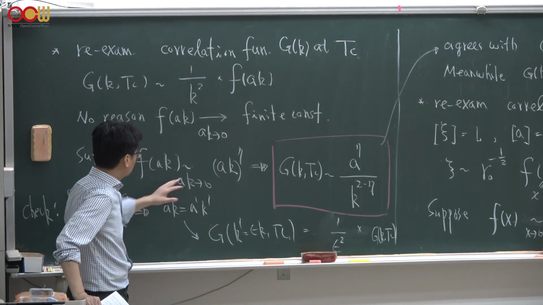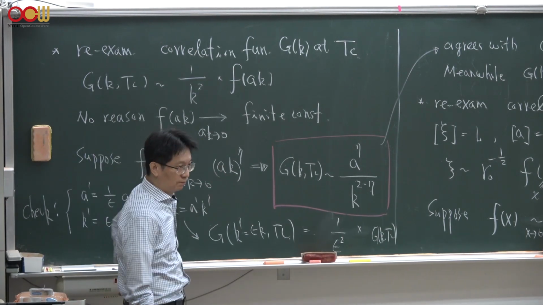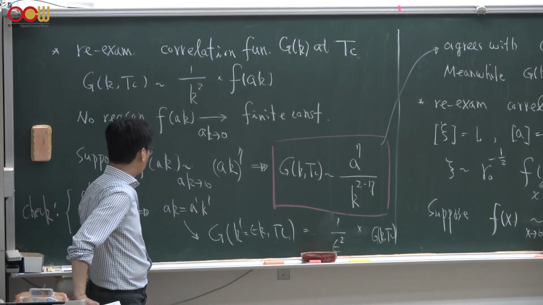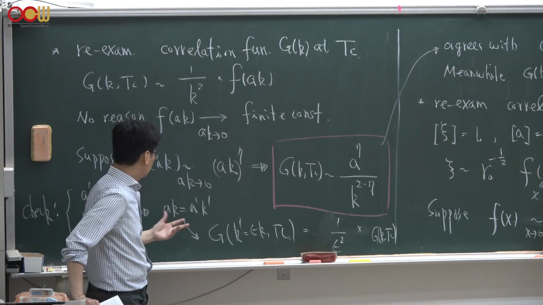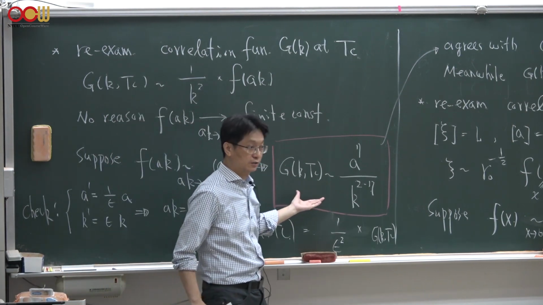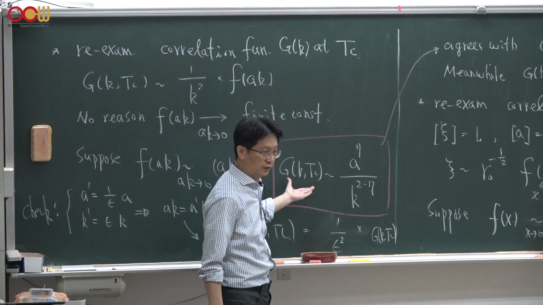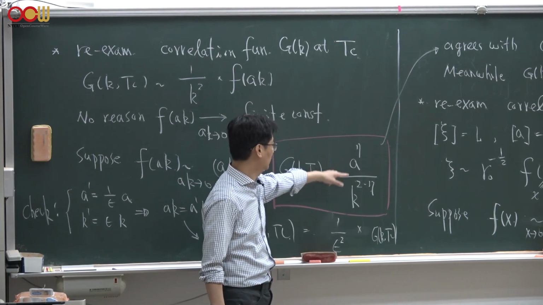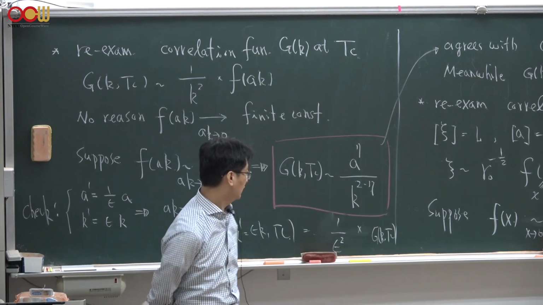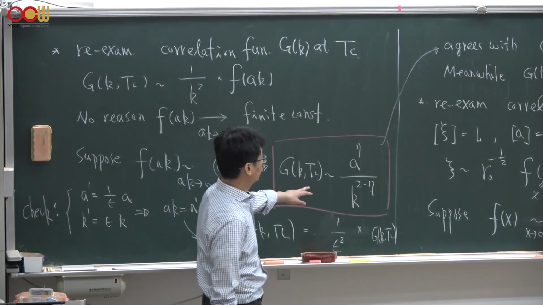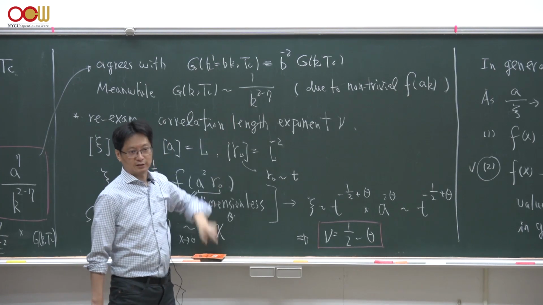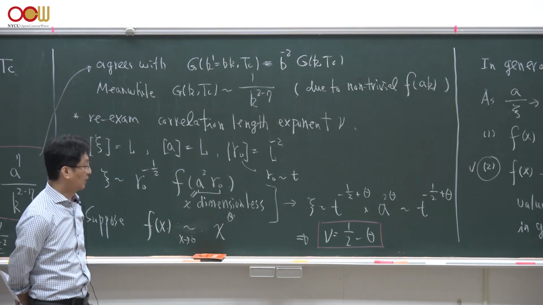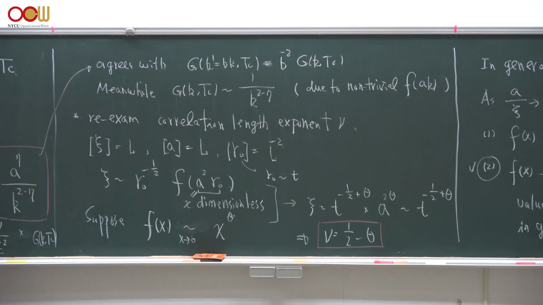So in that case, if you plug in this special power law behavior of a times k with a power law exponent eta, then you could easily see that this Green's function in Fourier space at the transition temperature Tc behaves as little a to the power of eta divided by k to the power of 2 minus eta, where you know very well that this is precisely the correct power law behavior at a transition in the realistic spin model that we just mentioned.